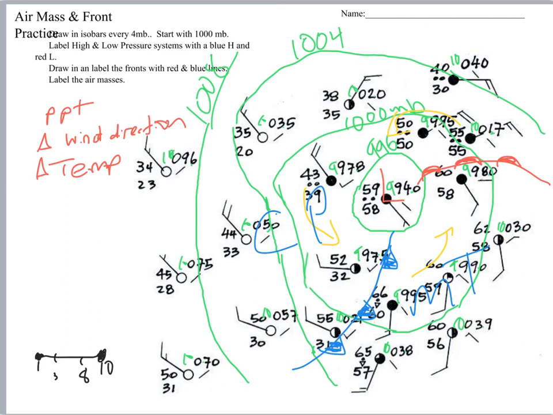Coming in from the northeast up here, we got some clouds, but again, that could be affected by the warm front coming in. But winds coming from the northeast, most likely that's a maritime polar air mass. And that is it for this weather map.